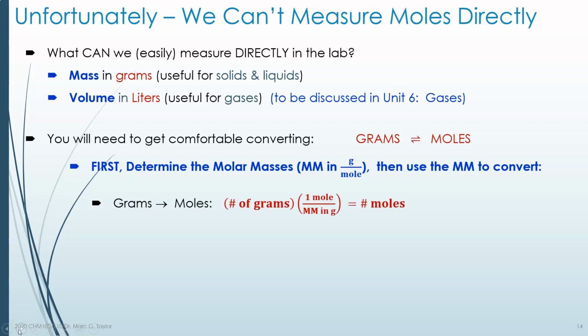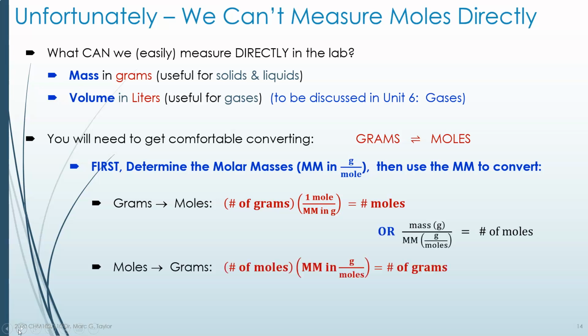And this is the quick and dirty way of converting it. If you want to go from grams to moles, you take grams and you're essentially dividing by the molar mass. And that will give you the moles. And if you have moles, you're multiplying by the molar mass. And you'll notice that will give you grams.